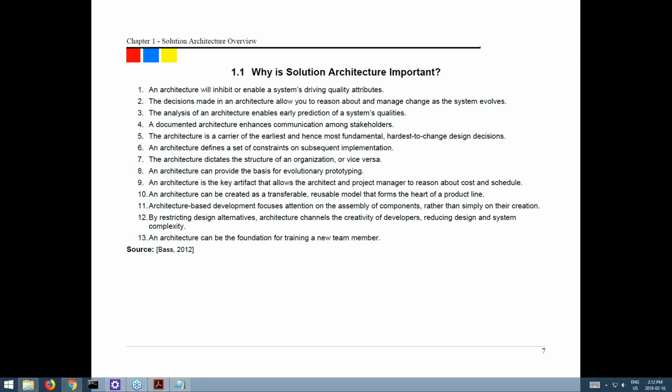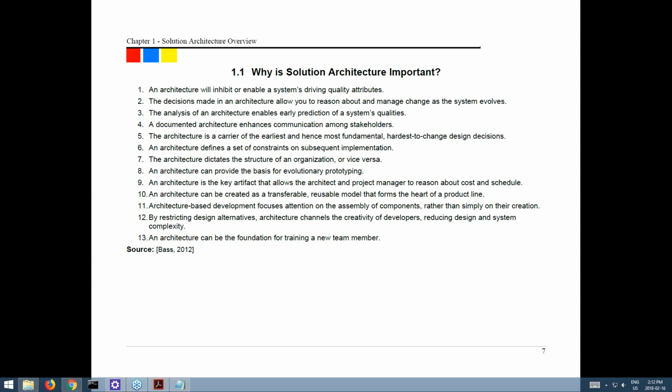That's where solution architecture comes in. Solution architecture is typically thought of as how do we design a set of programs or applications that solve a business problem and are in a position to evolve with the business problem, right?